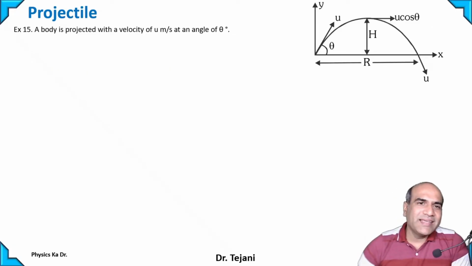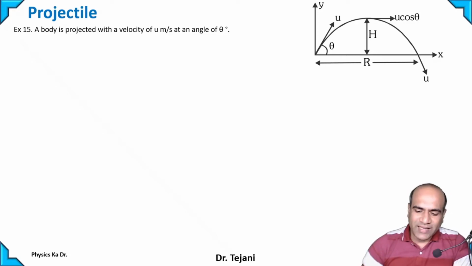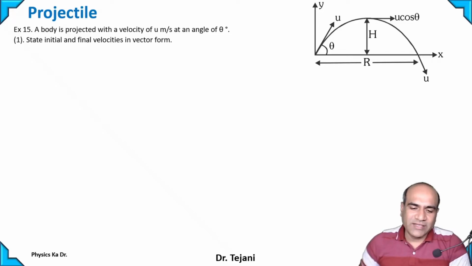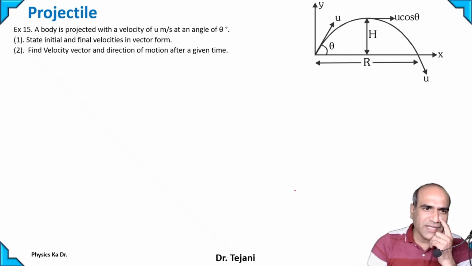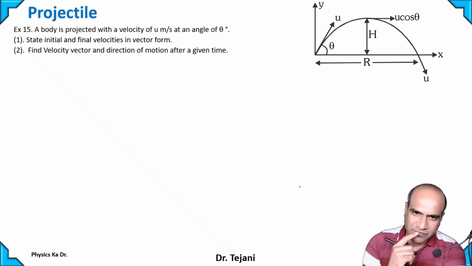A body is projected with a velocity u at an angle theta. So first, state initial and final velocities in the form of vector. We can represent in the form of vector also. Second is find velocity vector and direction of motion after a given time.